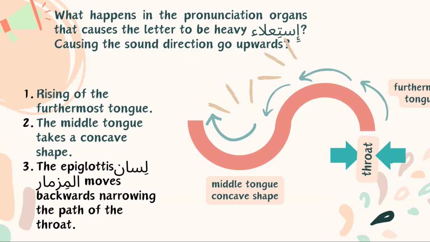What happens? Now these are the three, let me say, symptoms, the three conditions where if they happen in one letter, then this letter is a heavy letter. Let's have a look at the drawing first.